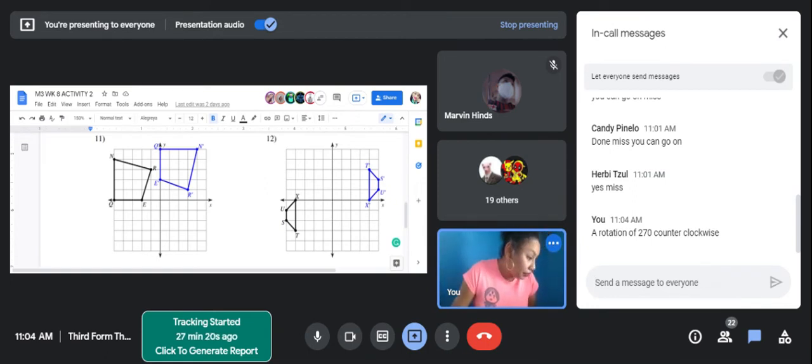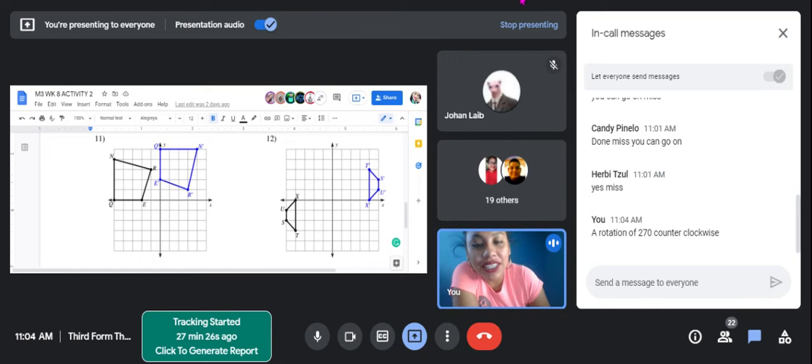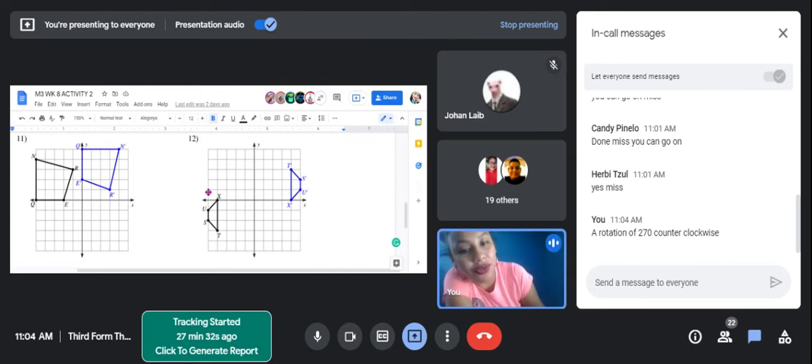Everybody understood that one? Okay, good. So let's take a look at number 12. If I am moving counterclockwise in this direction, take a look at my image in black, my original image, and it's in the blue position now.